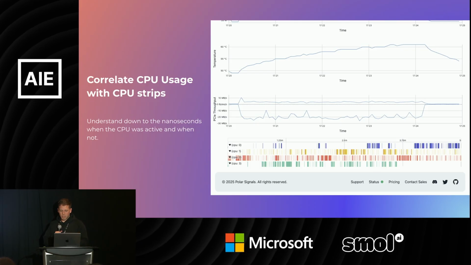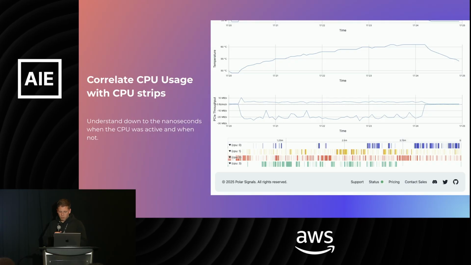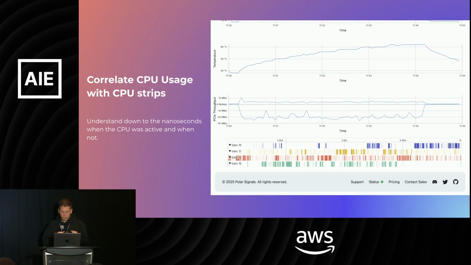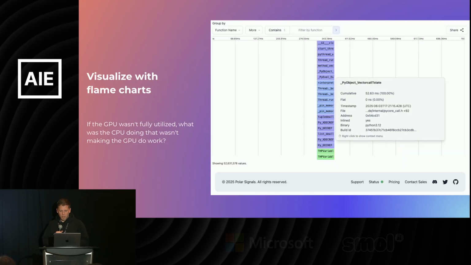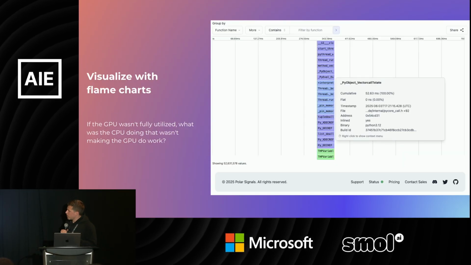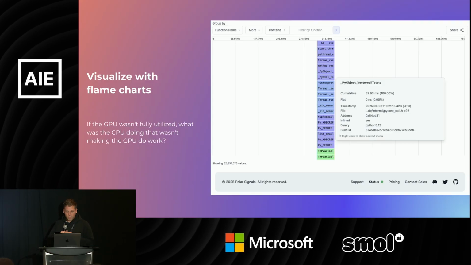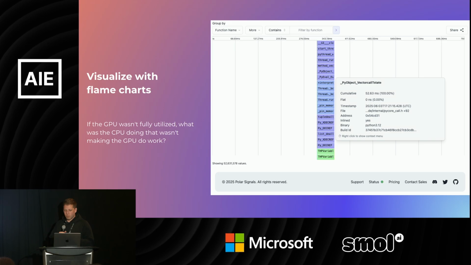So in this case, we might want to look at a particular stack on CPU 0 right before the end because there was some activity, for example. So we can drag and drop and select a particular time range, and then we are presented with a flame chart. And in the flame charts, we can see what the CPU is doing while the GPU is not fully utilized.